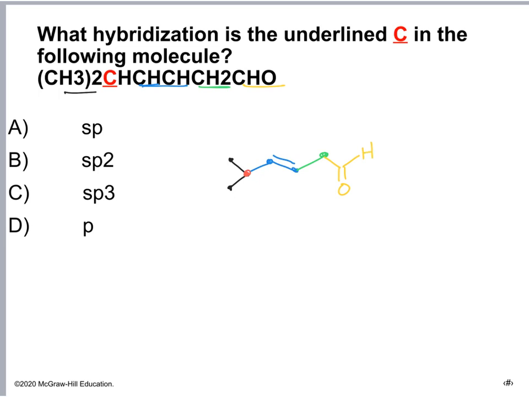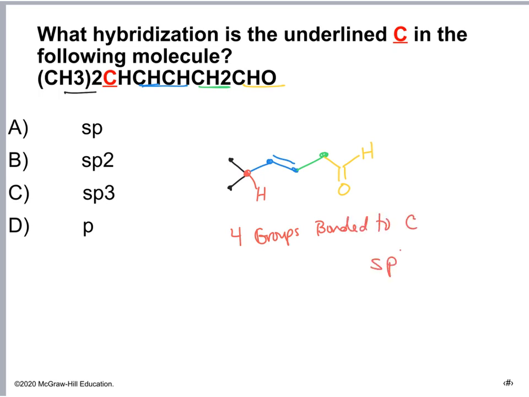And then the question is, since this carbon has 1, 2, 3 things, the H is there, so 3 bonds, because carbon has to have 4 bonds. So this has 4 groups bonded to the carbon.